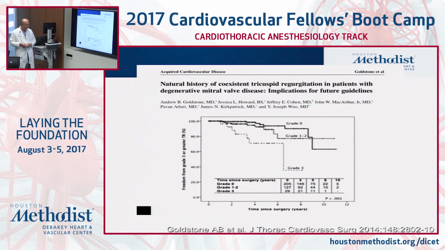This is a study from 2014 that was published in one of our journals, which shows the natural history of coexistent tricuspid regurgitation in patients with degenerative mitral disease. And you can see that you follow these patients out to 10 years, and if you had any degree of tricuspid regurgitation, it got worse over time.